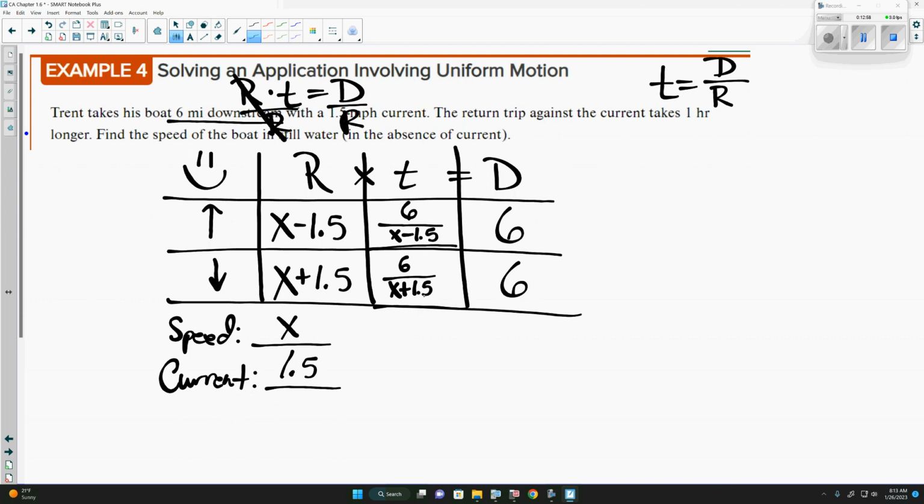But what's the one last piece of information they gave us? The return trip takes 1 hour longer, yes? So we just have to add 1. Add another hour, because all of this is already in miles per hour. Questions on any of this so far?